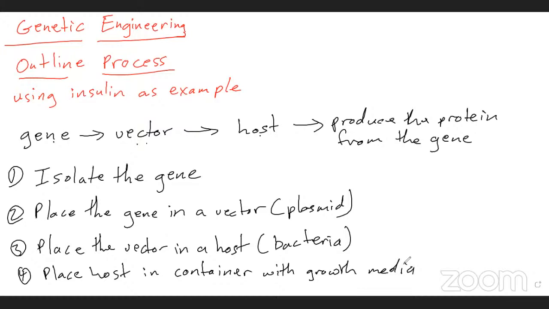All right, so we need a little diagram now to outline this. So you just isolate the gene, place it in a plasmid, plasmid in bacteria.